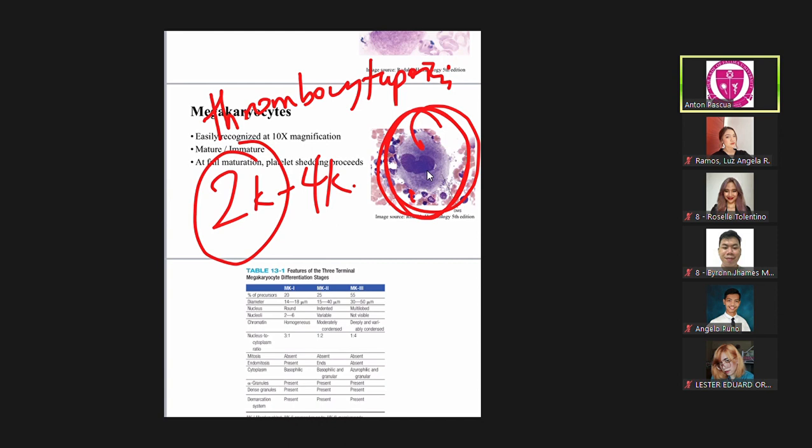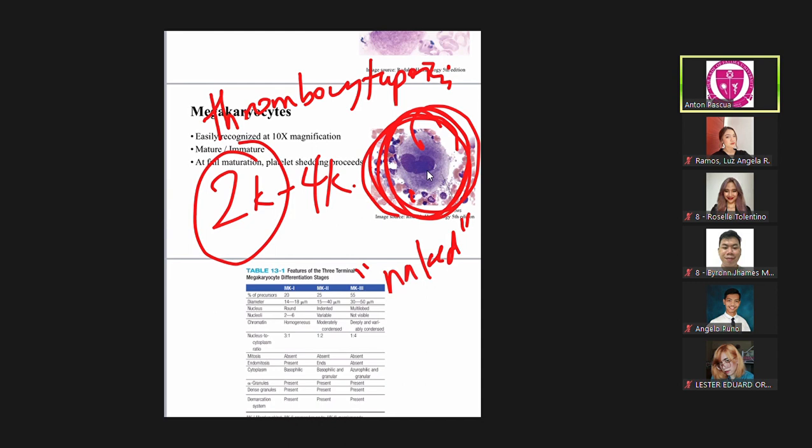Okay? And once your megakaryocyte here has released all the platelets inside, it leaves your megakaryocyte called as naked. O parang nakahubad na yung megakaryocyte natin. And once your megakaryocyte is said to be naked, it will then be cleared out by your phagocytes.